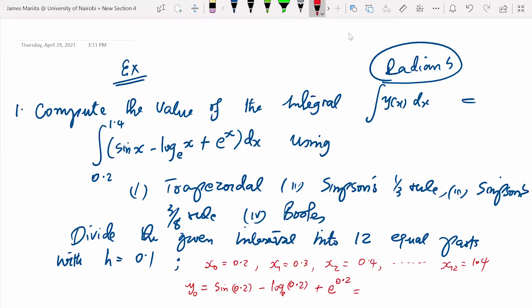If you change your calculator to be in radians, what is going to be the value of that? I don't have a calculator myself here now.